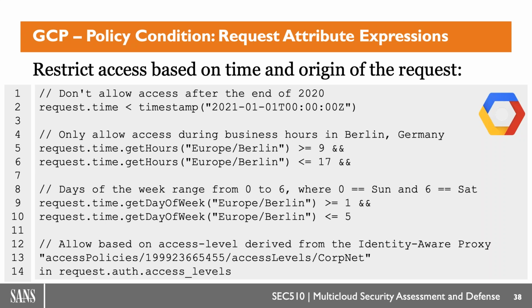In this policy, we're saying maybe we don't want them accessing a system after the end of 2020, or maybe you can only access some resource during business hours, and so on. That's an example of the IAM customization that we'll get into.